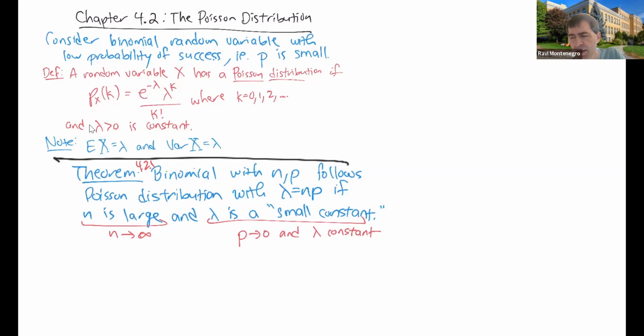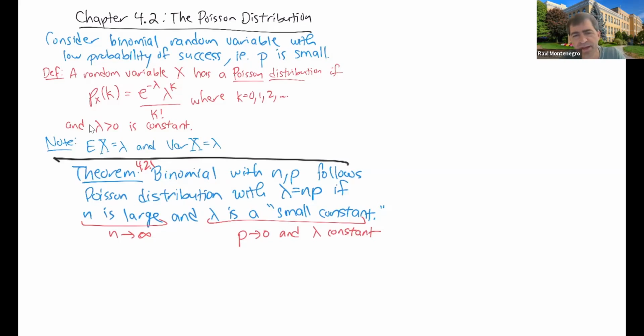And asymptotic behavior tells you what happens when you're kind of close to the limiting conditions. So kind of close to infinity is just saying a big sample. P kind of close to 0 is saying that product, np, should be a small constant, a small number.